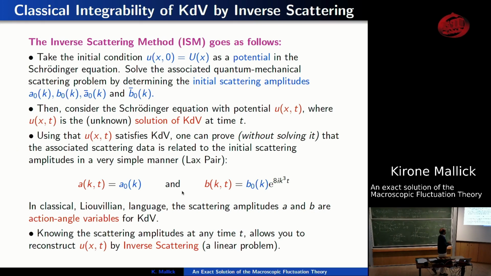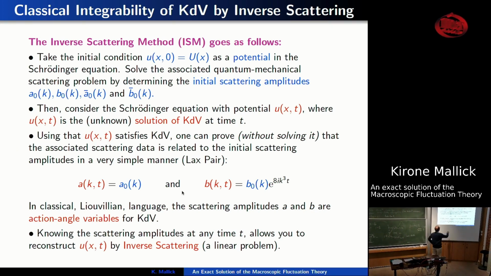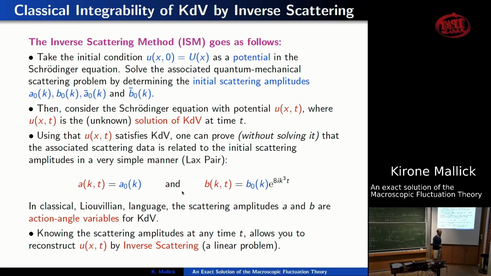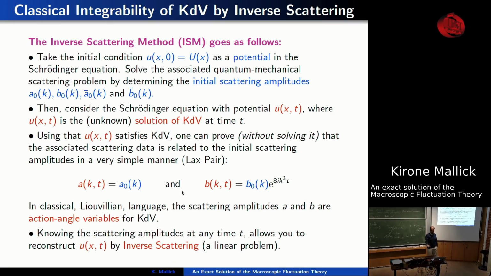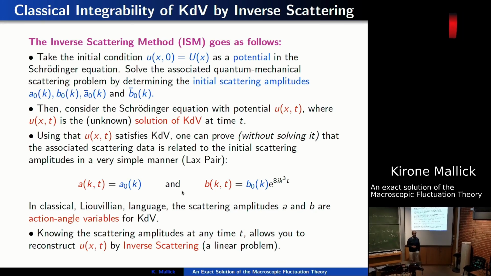But now comes the total miracle: because u(x,t) satisfies the KdV equation, this implies that the coefficients A and A bar do not change with time, so they remain equal to their initial values, and the coefficients B and B bar are equal to the initial ones just up to a phase, exponential k cubed t.